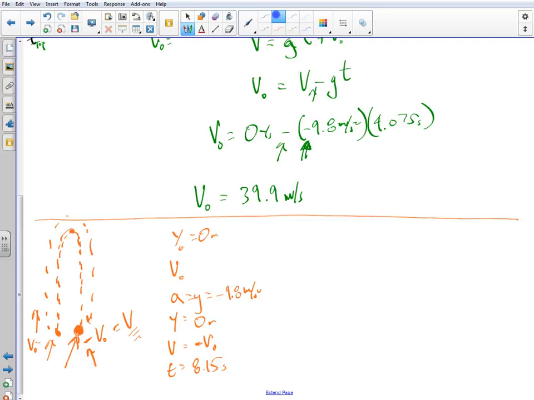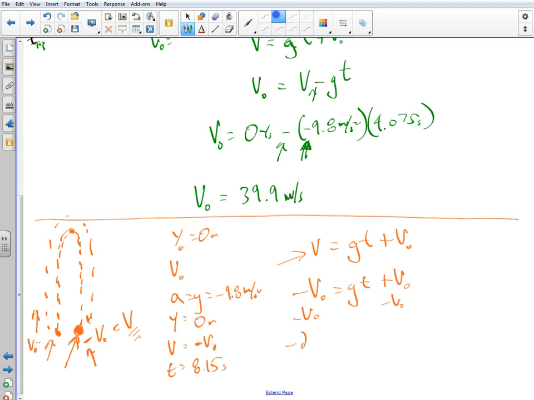We could even use that first equation again. We could go final velocity is equal to gt plus your original velocity. But my final velocity is the opposite of my original, so negative VO equals gt plus VO. And I'm solving for VO, so I'm going to subtract VO from both sides.